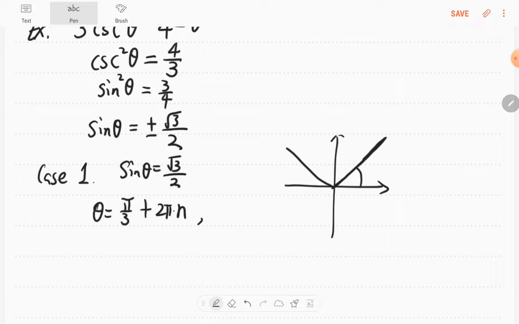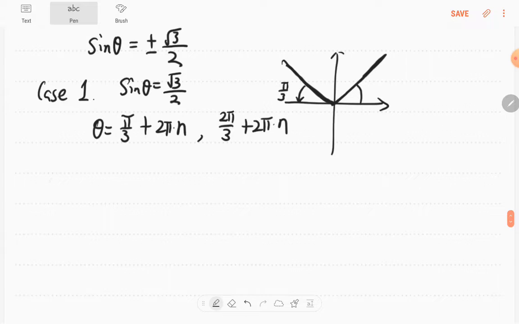Another one, we need to find all the angles that share this other terminal side, which is 2 pi over 3 plus 2 pi times n. This time I don't want to find the specific solutions on 0 to 2 pi. The reason is it's easy, just try different n values to make the angle be from 0 to 2 pi. So this is the general solution for this case.